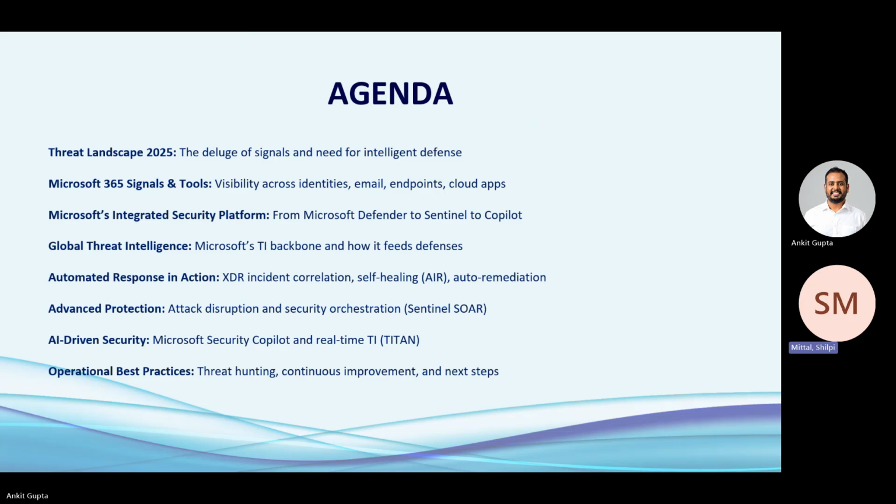We will also discuss Microsoft's global threat intelligence capabilities and how they inform protection. The core of the talk will showcase automated response in action, including the XDR approach in Microsoft 365 Defender, automated investigations and remediations, and an example of automated remediation for phishing emails.